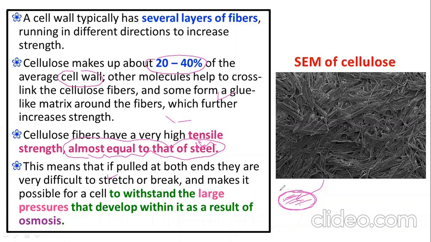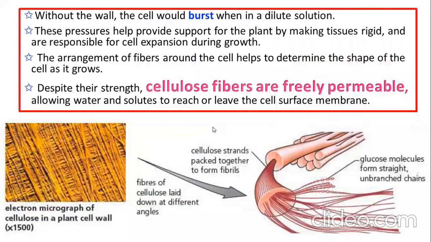If you keep a plant cell in dilute solution, it will not burst easily as compared to an animal cell. Why? Because the plant cell has a cell wall, and that cell wall contains what? Cellulose, and that is stronger. Okay, that gives mechanical strength to the plant cell. Without a cell wall, the cell will burst if it is in dilute solution.